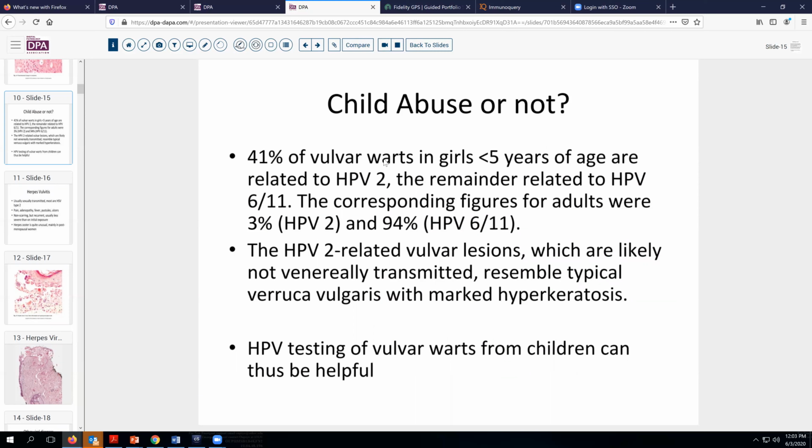So this is one of those situations where doing HPV testing, typing on a vulvar lesion, especially in an adolescent, may be very helpful for you. If you can rule out HPV-2, then you may have a more likely situation of child abuse, but certainly don't jump to that conclusion until you've encountered that.